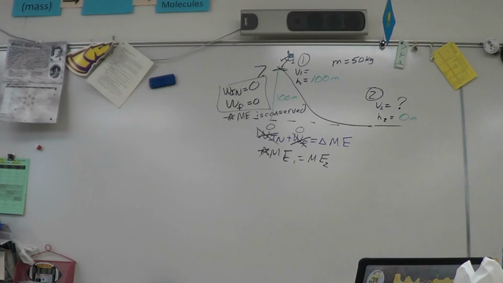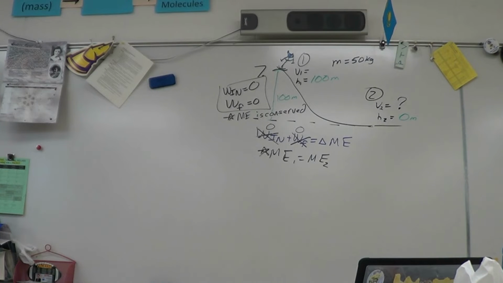If we choose the bottom of the hill to have a height of 0, because that's where it was measured from, right? We measured from the bottom of the hill to the top of the hill. So if we choose the bottom of the hill to have a height of 0, then my H1 needs to be 100. But it doesn't have to be that way. You can define it however you want.